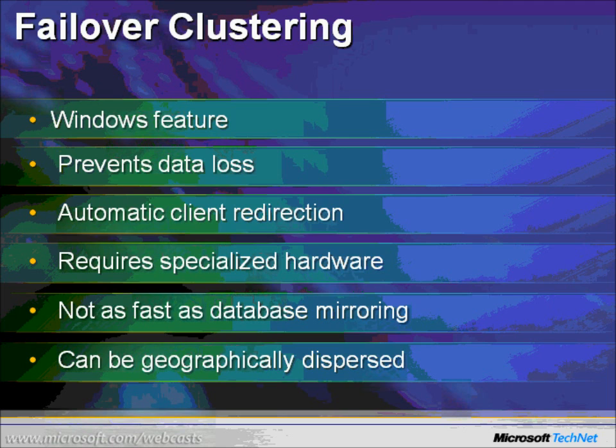And then also SQL Server does improve on the clustering abilities compared to some of the previous versions by removing the requirement to have one drive letter for each SQL Server instance, and therefore limiting the number of instances on a clustered solution. Now, as we look at doing this, geographically dispersed failover clustering provides server-level redundancy on a certified Microsoft geographically dispersed cluster service configuration with one or more storage arrays at each site.